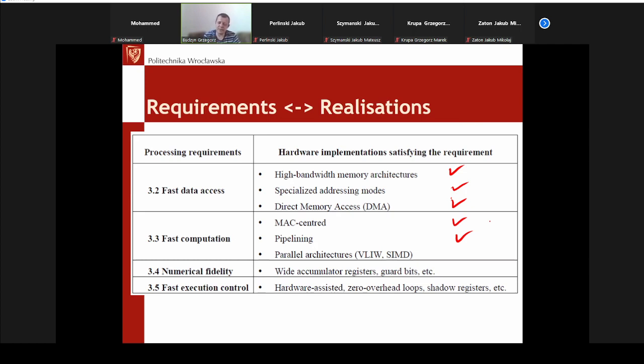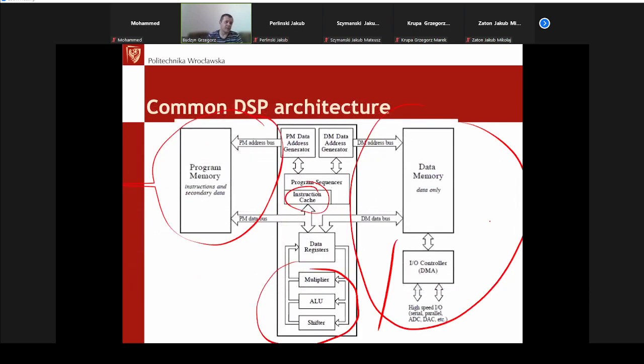And an extra thing is a parallel or superscalar architecture. Various ideas are utilized here. The two major ones are very long instruction words and single instruction working on multiple data. In general, in case of microcontrollers for signal processing, the very long instruction word is used instead of cache or at the same time with cache.